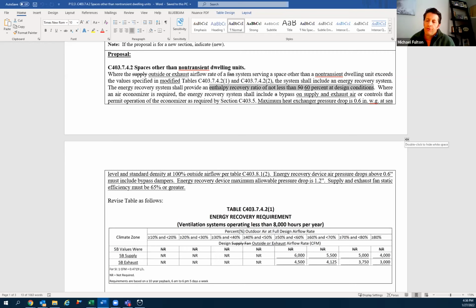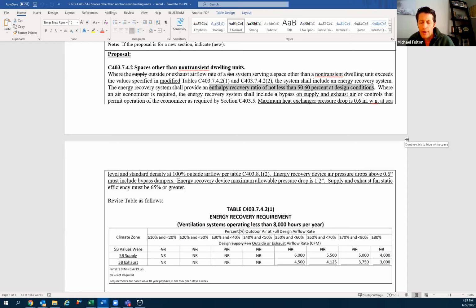Yeah, so that would allow heat wheels, which are probably 85 to 90% of the industry. It would allow plate heat exchangers, which is a smaller portion of the industry, and then it would put a burden on heat pipes or runaround coils.